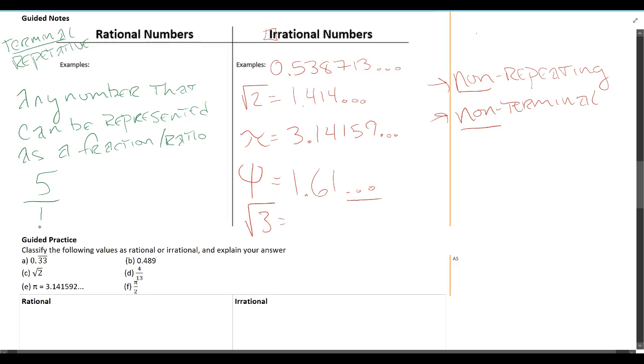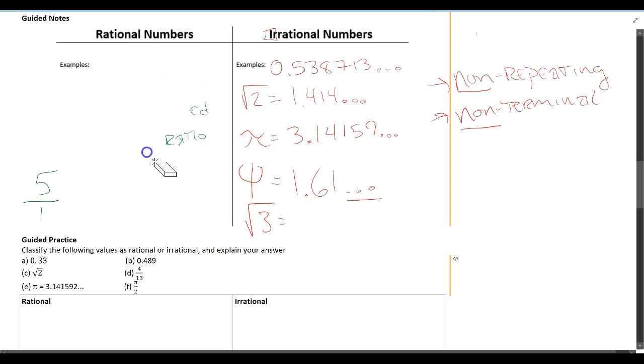Other examples of rational numbers. Let me get rid of all of this so we have space to work. So 5 is a rational number. Other examples of rational numbers: 3.333 repeating. This is predictable. Remember we said that irrational numbers are unpredictable.